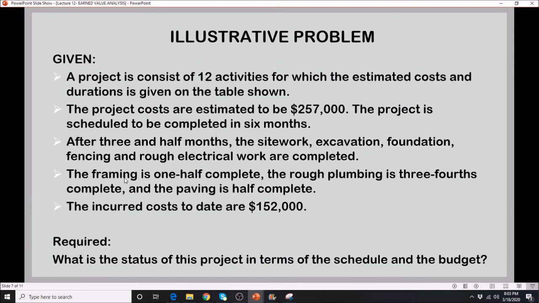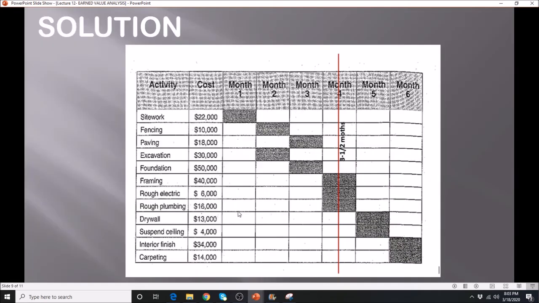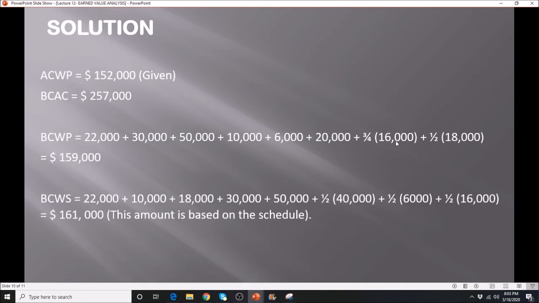And then the framing, the rough plumbing, and the paving. It says here half complete for your framing, 3/4 complete for your plumbing, half complete for your paving. So plug that into your calculation. That's why we have here 3/4 and the half values. Okay, so that is the calculated values.